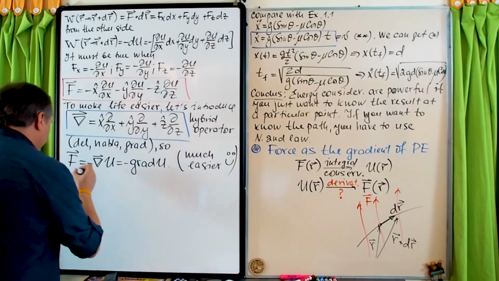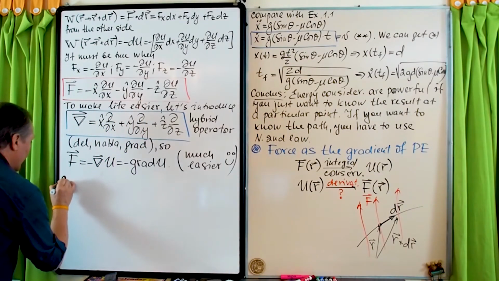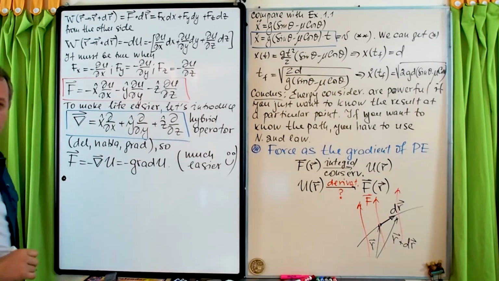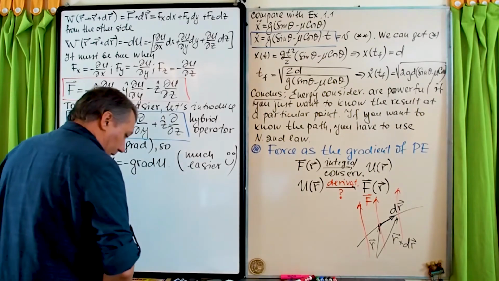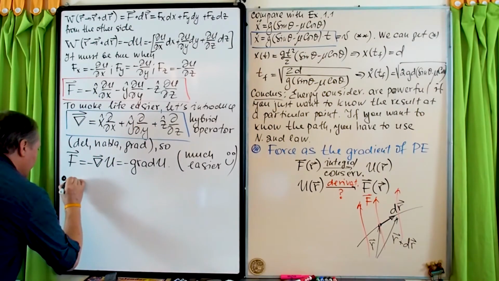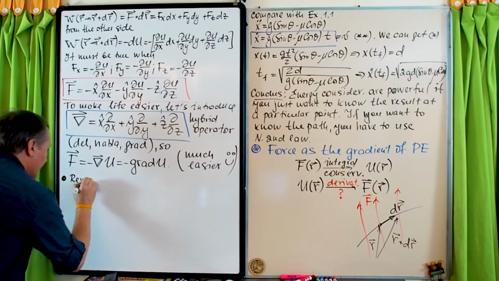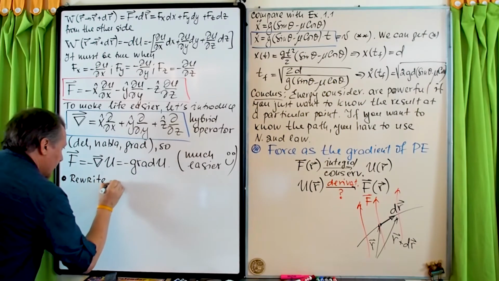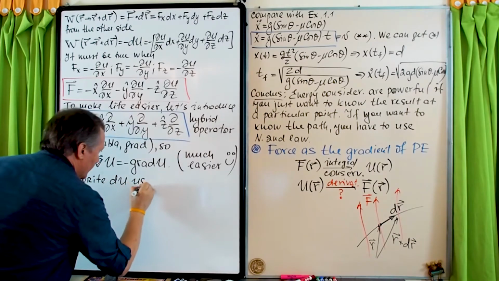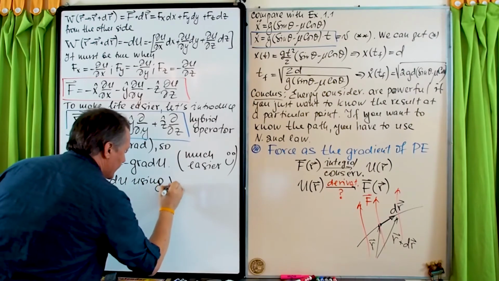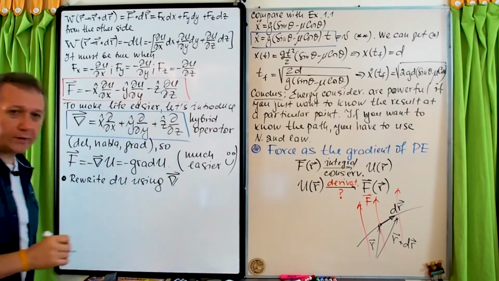I will put a small bullet, a small digression not logically connected to the previous one. So let's rewrite dU using this hybrid operator.